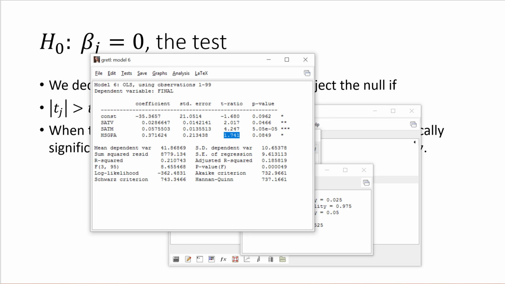All we can say is that in our sample and with our alpha, we are unable to show that GPA has a significant effect on the expected final. That also means that even though our estimated beta 4, our B4 was 0.37, what we're saying is that that could just be a random fluke. And it's not a completely unrealistic value to observe given the high standard error.